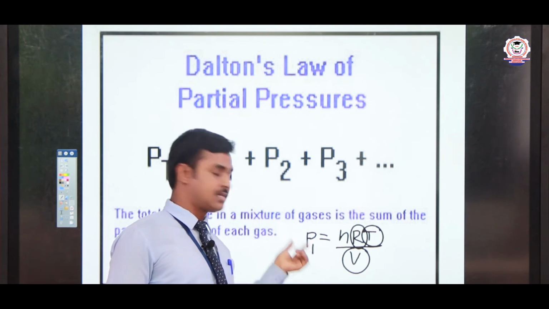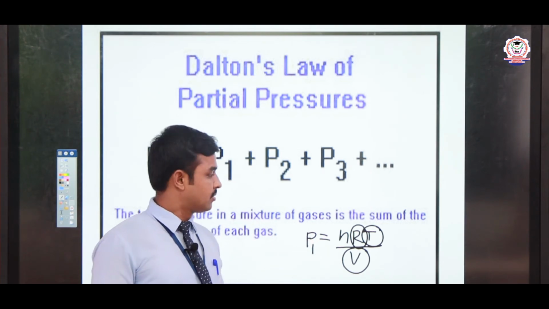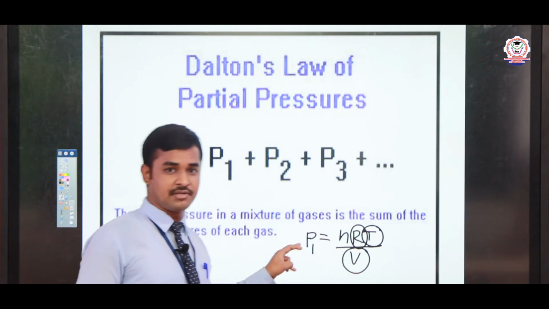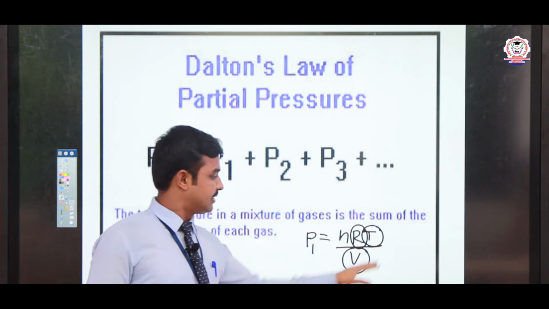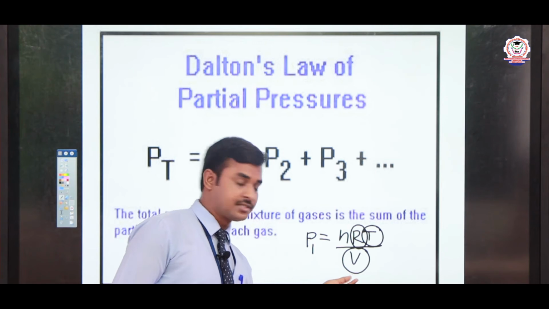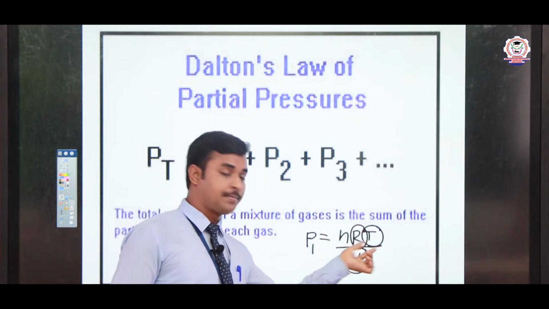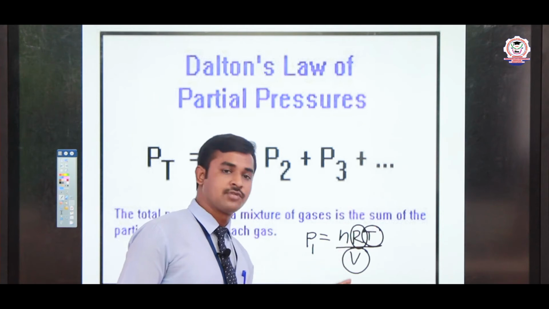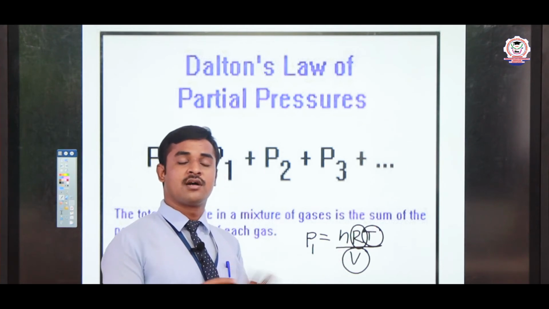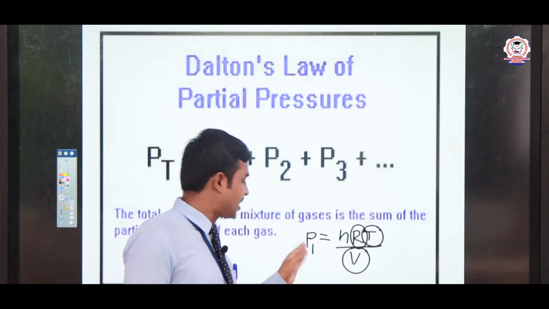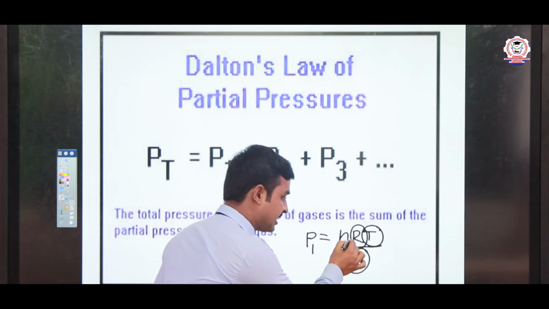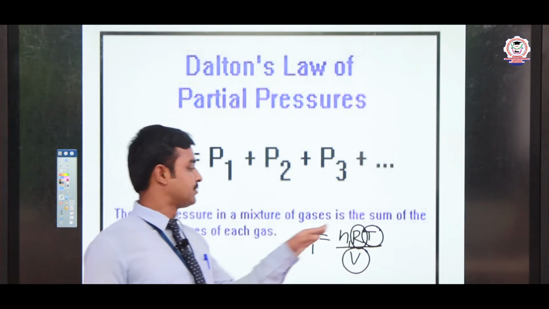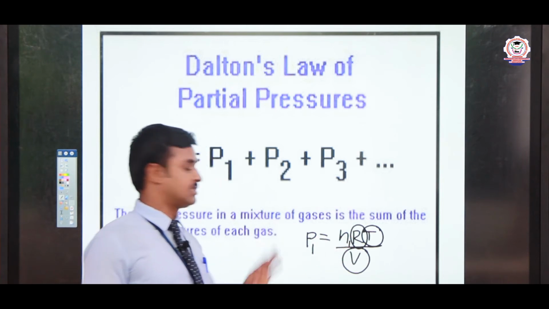If you want to change the pressure, how can you change it? By changing the temperature or by decreasing the volume you can change the pressure. But in this concept, temperature and volume are both constant. So if you want to increase the pressure, you have to increase the number of moles in the container. For any gas, if you change the number of moles, then only the pressure changes.